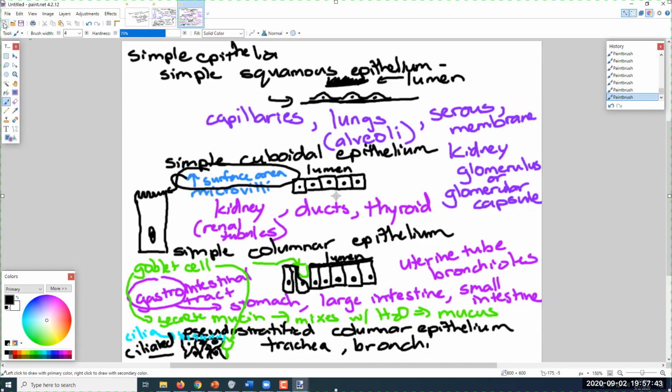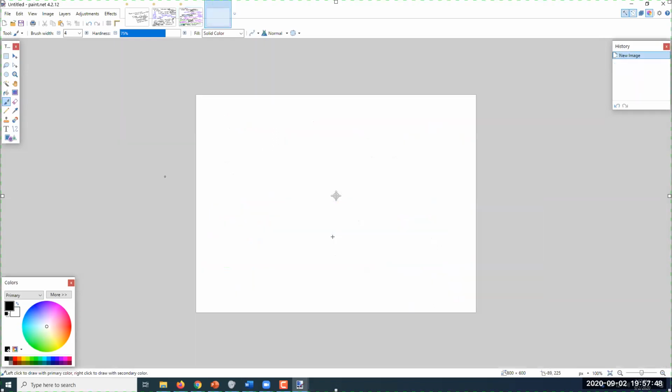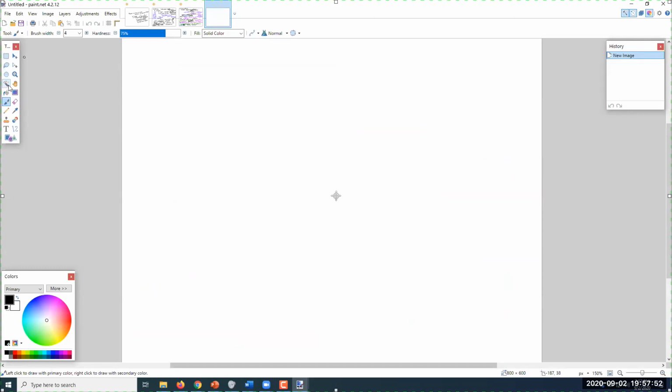All right, so that's the simple epithelia. Let's now take a look at the transitional epithelium, okay? So, sorry, did I say transitional? I meant stratified epithelium.